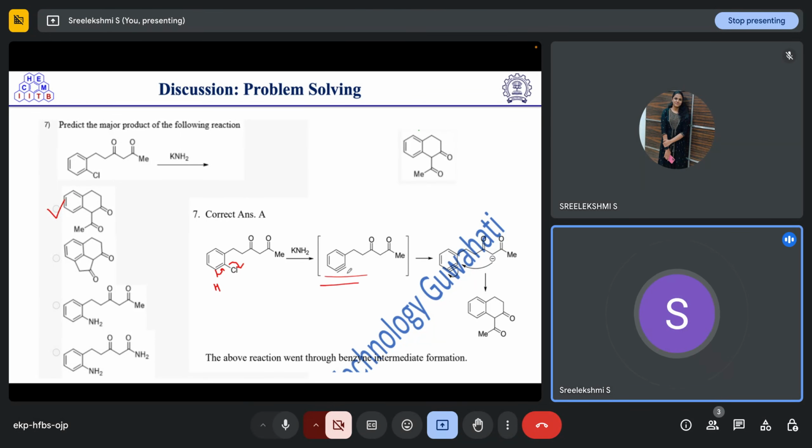And once this benzyne intermediate is formed, again this base can abstract this acidic proton because it is alpha to both of these ketones, and that will attack over this benzyne and this will get protonated. So that will result in the formation of the six-membered ring, 1, 2, 3, 4, 5, 6, and these two ketones here. So we will be getting this option A as the major product.